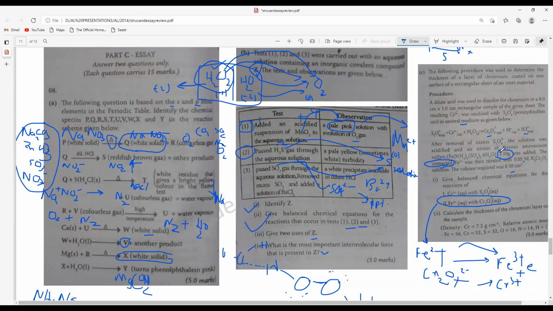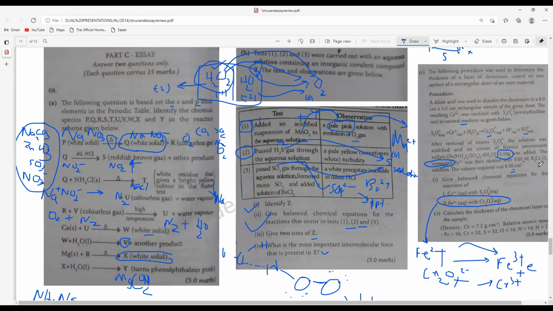And then you have given another procedure to identify how much excess unreacted Fe2 plus was there. So by the difference of these two, the initial amount of ferrous ammonium sulfate and the unreacted one, you can calculate the amount that is reacted.